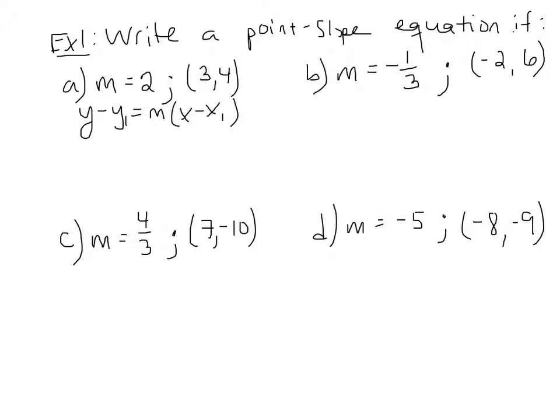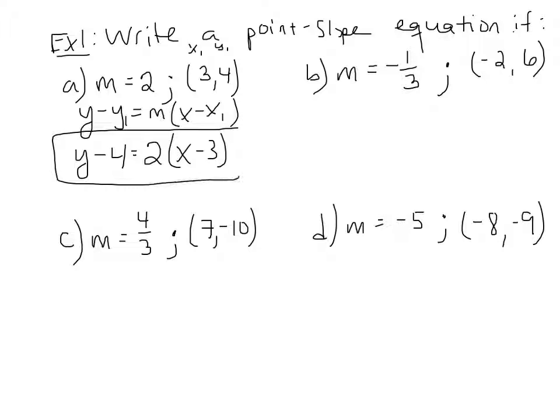And all I have to do is plug in the values. It's plugging, but there's no chugging. So y sub 1 is this value here, and x sub 1 is this value here. So y minus 4 equals m, which is 2, times x minus x sub 1, which is 3. And that's as easy as it gets.